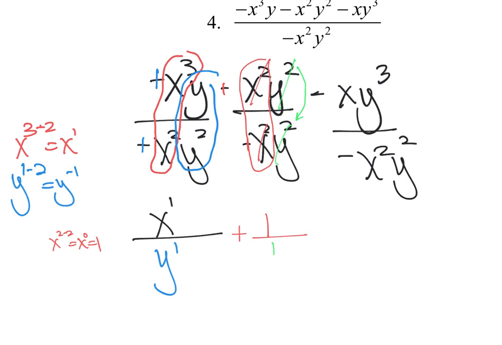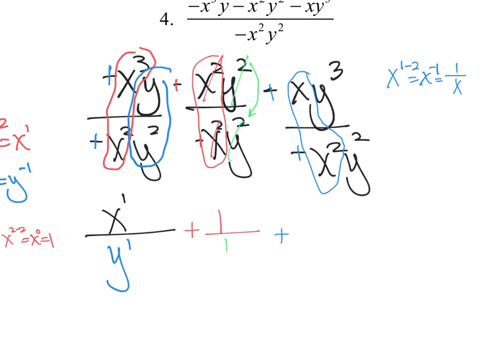Then I have double negatives make a positive. All right, so I have an x here. Let me come down here and put my positive. So that's x to the first minus 2, which is x to the negative 1, which means I have to put it in the denominator. All right, take care of that. And then finally with the y's, I have y to the 3 minus 2, which is y to the first.